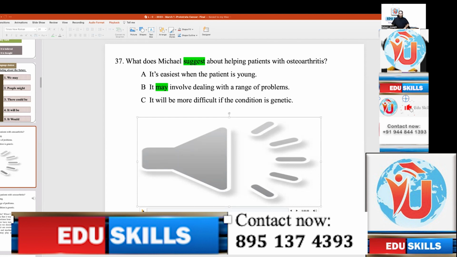Listen attentively, okay? So, how can we help patients with osteoarthritis? When I was at medical school, and that's a long time ago now, the theory was that it was due to wear and tear, an inevitable part of getting old. You still sometimes hear this, but it's one of the many myths about the condition. After all, we have teenagers who develop it, and every joint has the capacity for repair.